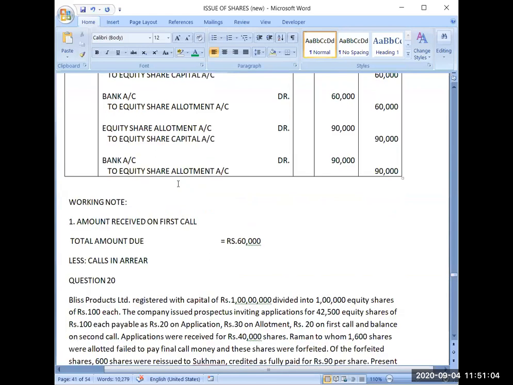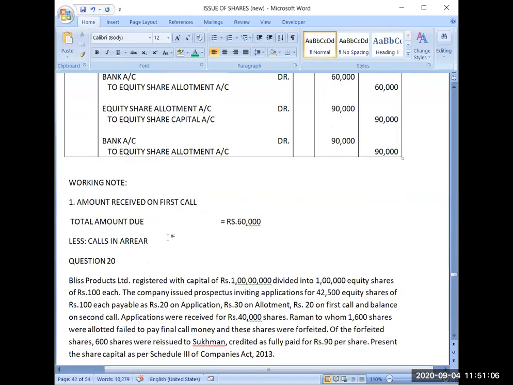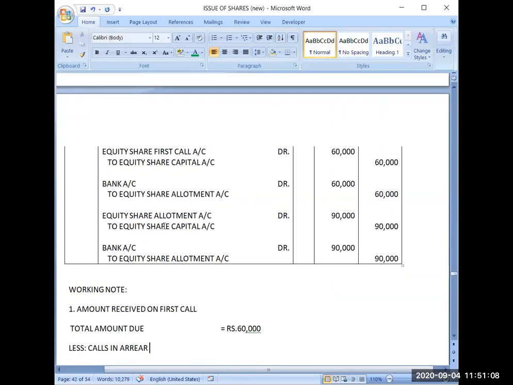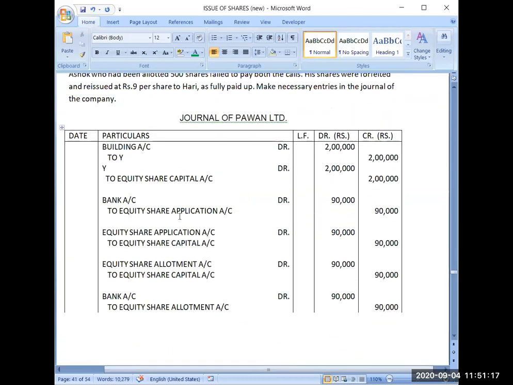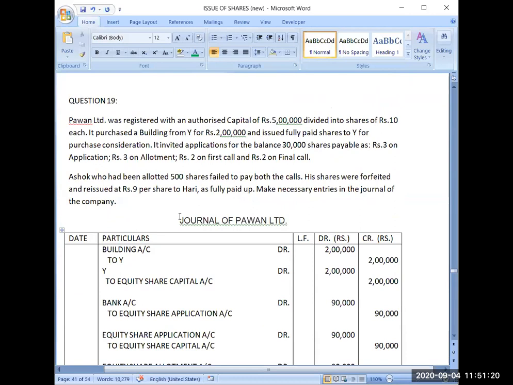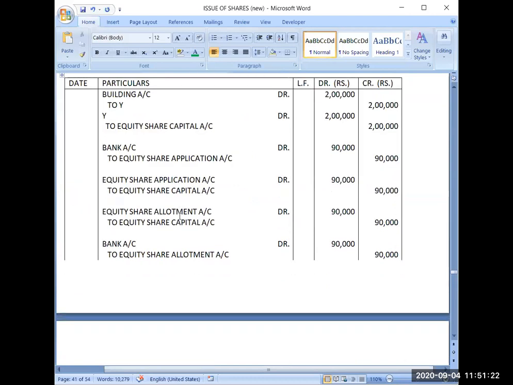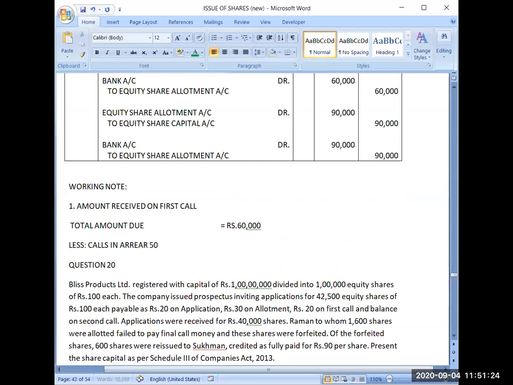Here I am not preparing any account and I am not preparing any balance sheet. I am preparing only a working note. In the journal entry, a working note is always required. Whether you open calls in arrear account or not, that is not a matter. So at the rate of rupees 2 for 500 shares, 500 multiplied by 2, rupees 1000.